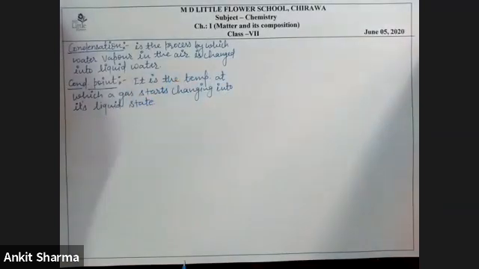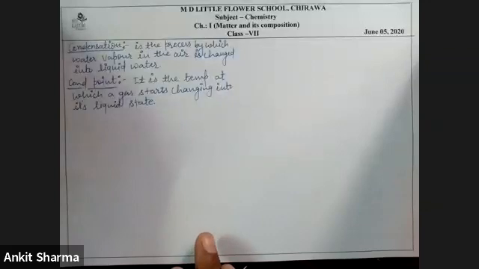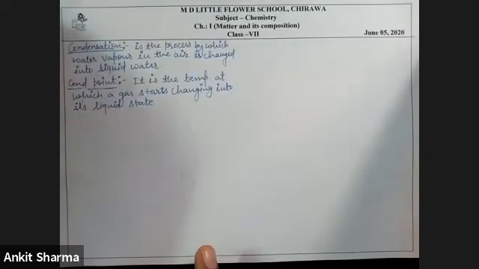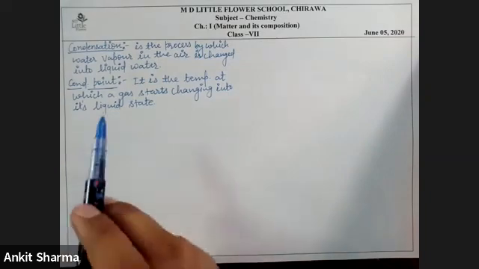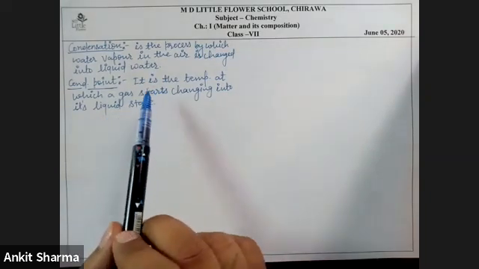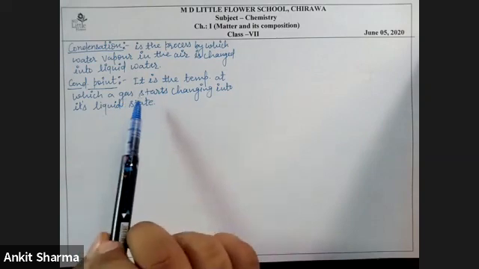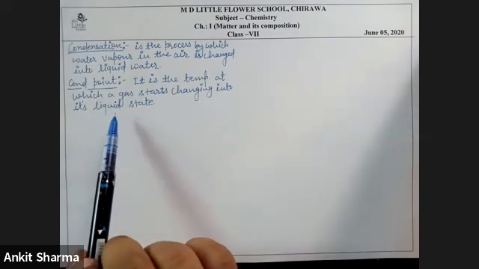That is the condensation point. Condensation point is a fixed temperature at which a gas starts changing into liquid.